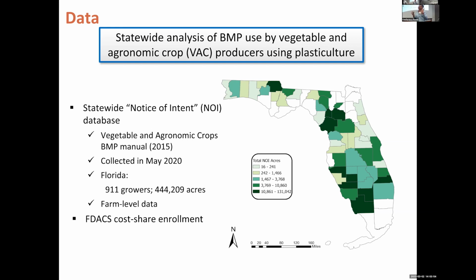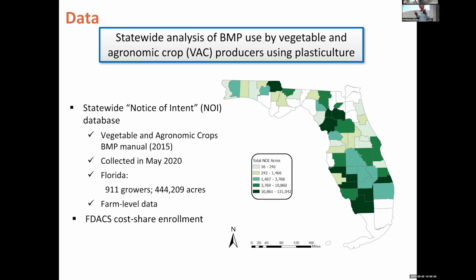So I want to spend the time explaining this because there are several caveats to using this data set and the inferences that we can draw from it. So for everything that I present from here on, keep in mind that we can't get at individual acres, we can't get at where these practices are being adopted. It is farm level, so the acres are presented in a parcel. So it's the whole farm, at least the whole farm on a contiguous piece of land. And that's what we're using.